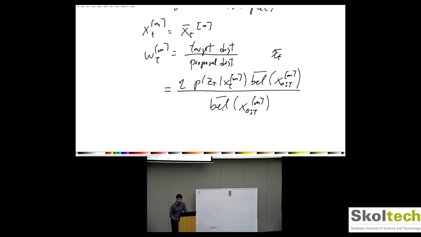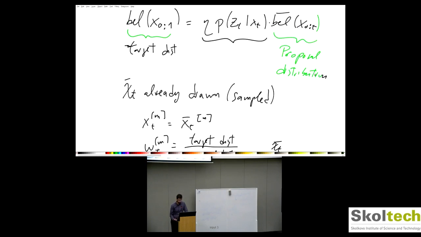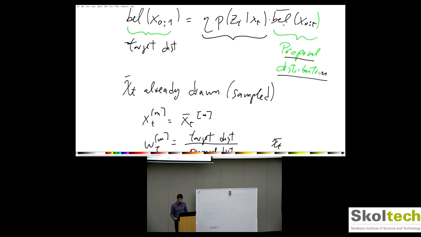I mean, no surprises, right? I already said that. That belief is going to be our proposal distribution, right? So at the beginning, it was a little strange why your proposal distribution is this. So we have it. That's first of all.